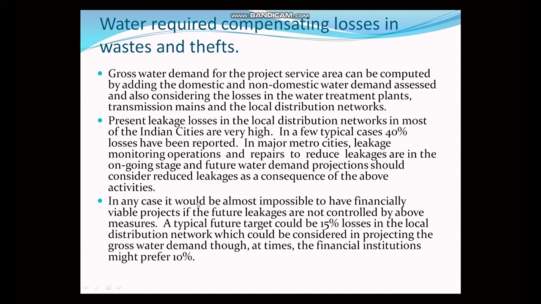In any case, it would be almost impossible to have financially viable projects if the future leakages are not controlled by the above mentioned measures. A typical future target could be 15% losses in the local distribution network, which could be considered in projecting the gross water demand, though at times the financial institutions might prefer 10%.